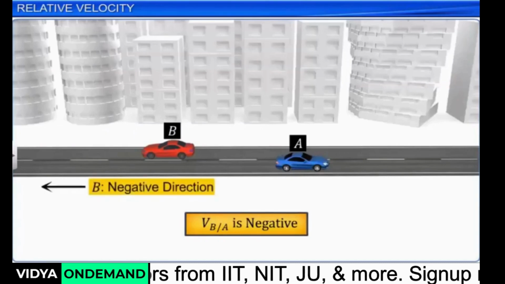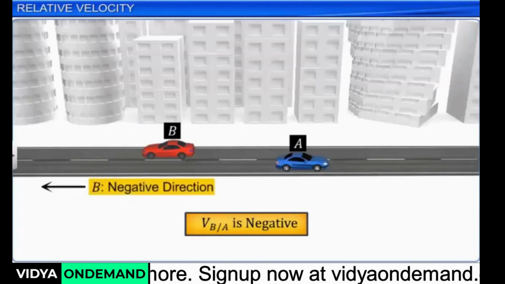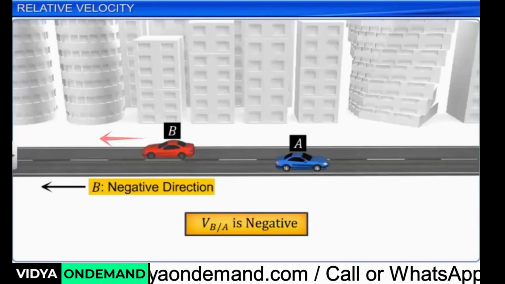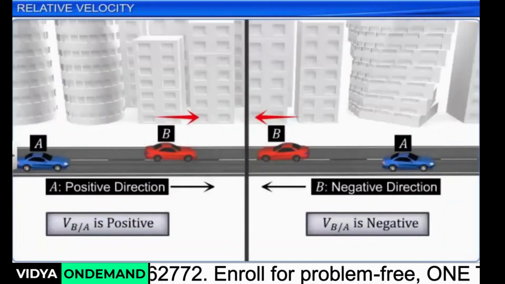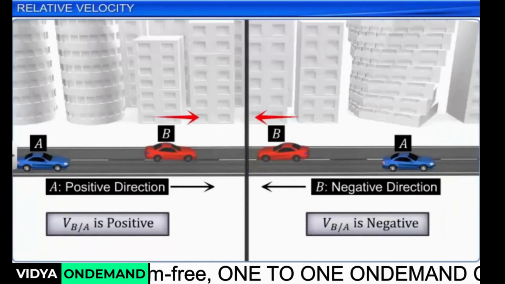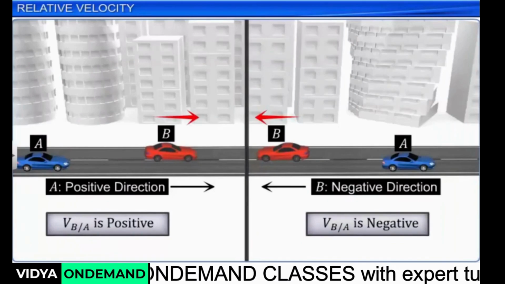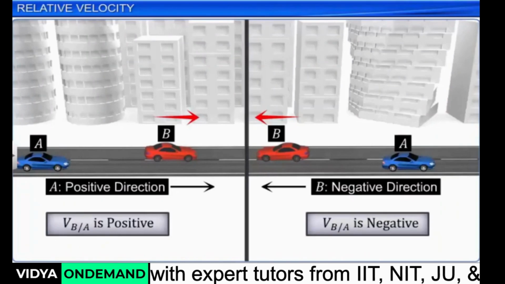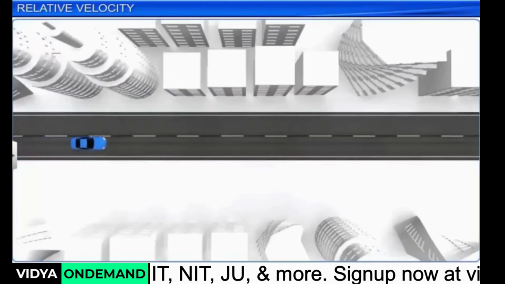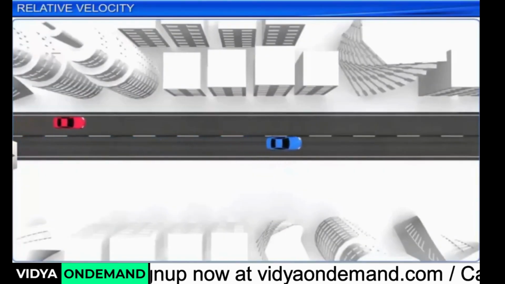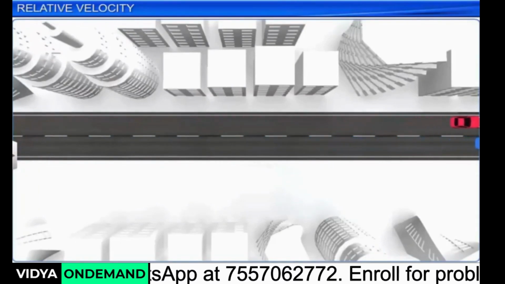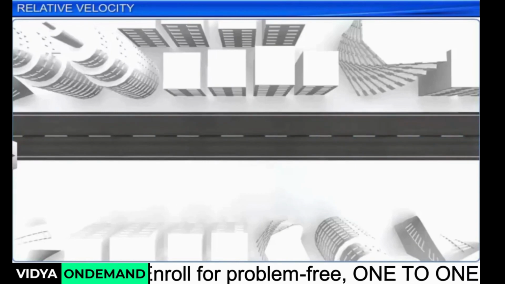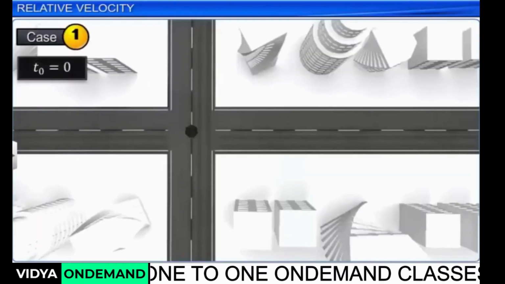This concept can be applied to determine the relative distance and relative velocity. Let us consider a few cases where two cars are traveling on a straight road with varying velocities. Case 1.